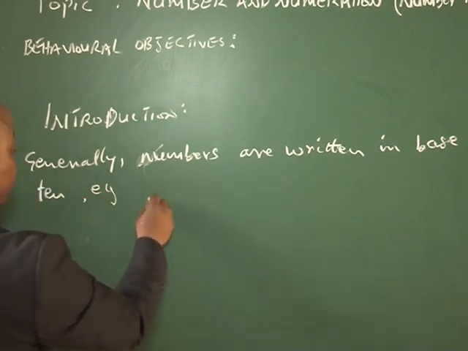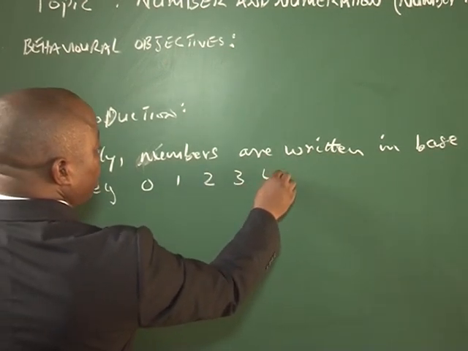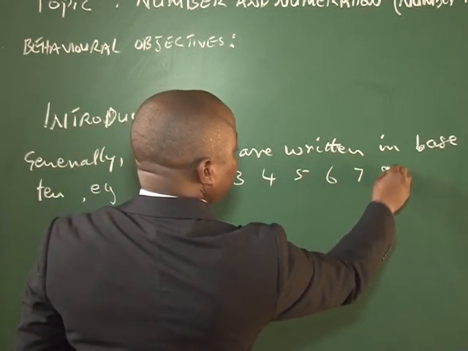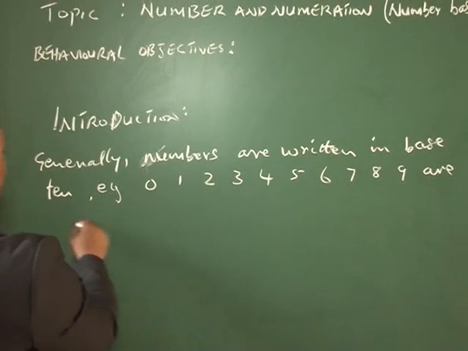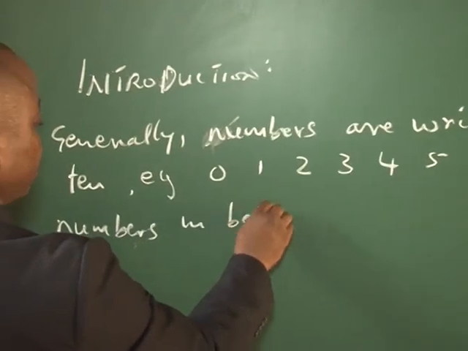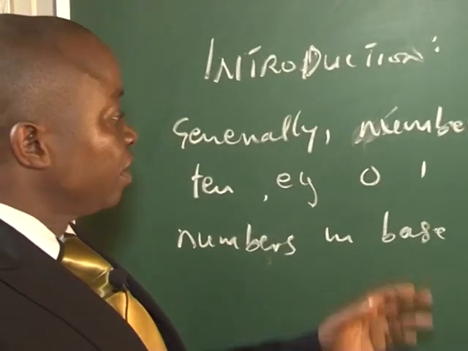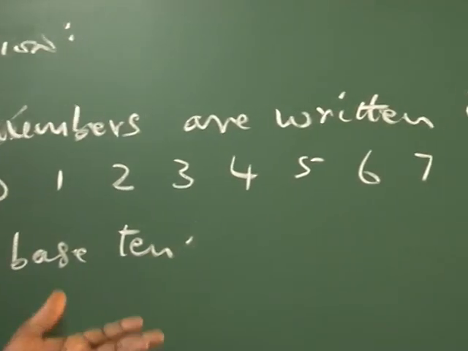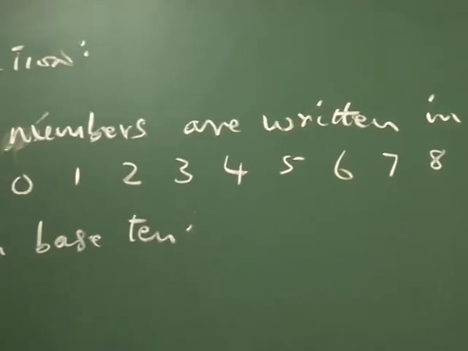Example: 0, 1, 2, 3, 4, 5, 6, 7, 8, and 9 are numbers in base 10. So this is how numbers are written in base 10.